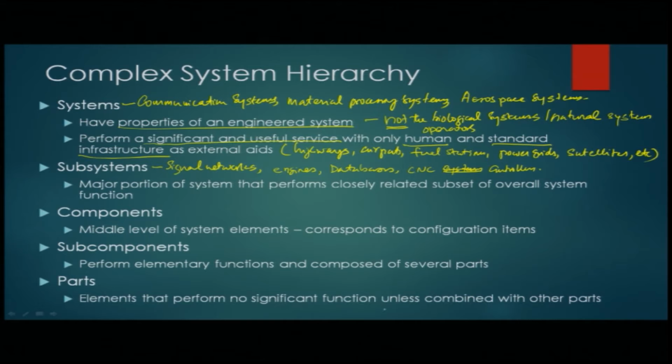So what they do is, it is a major portion of the system. Subsystems do form a major portion of the system, and they can perform a closely related subset of overall system functions.